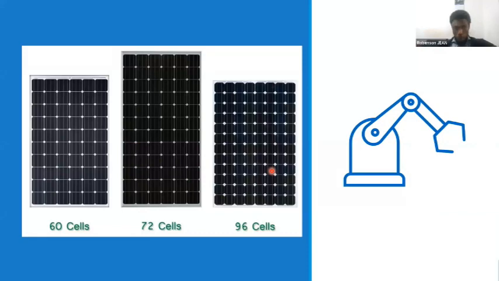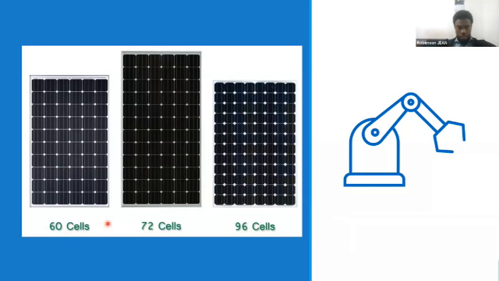Based on the number of photovoltaic cells, we have various types of photovoltaic panels, and the choice will depend on the available surface, the available funds that we have for the project, and also the kind of application.